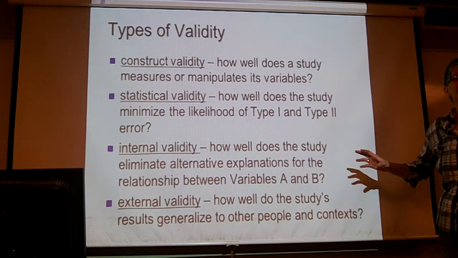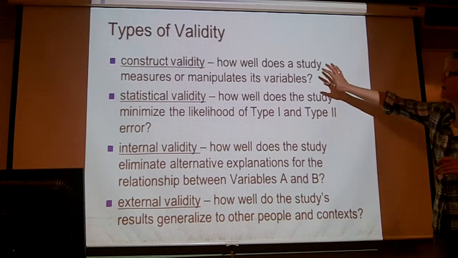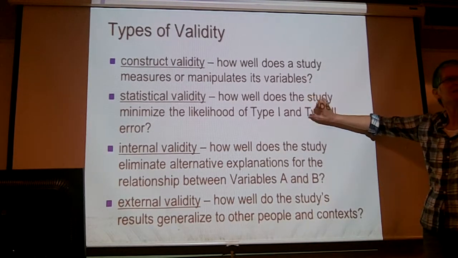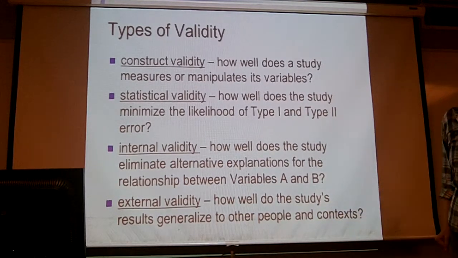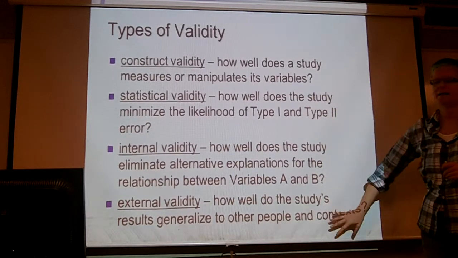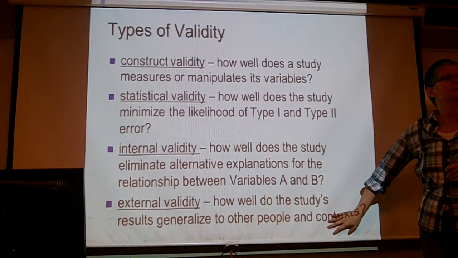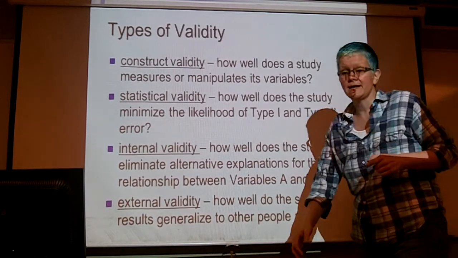Technically, we can evaluate frequency claims in terms of construct validity, a little bit of statistical validity, and external validity. Association claims, we can evaluate in terms of construct validity, statistical validity, and external validity. Causal claims, all four.